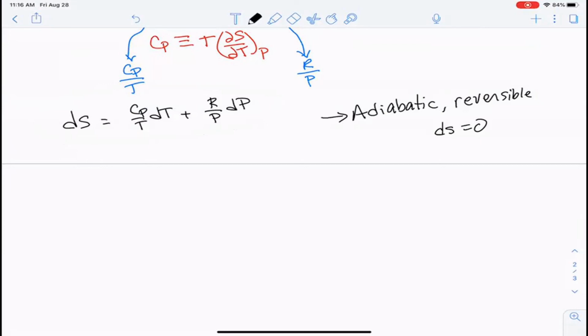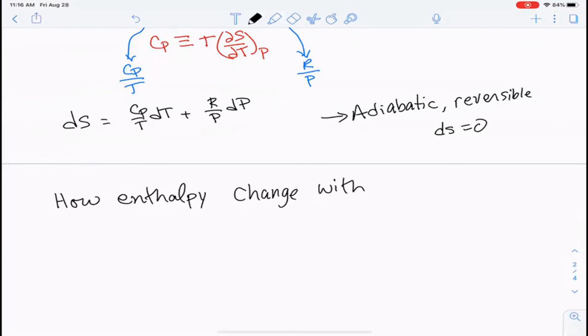The other thing that maybe is interesting is you could ask the exact same question about enthalpy, right? So you can ask, how does enthalpy change with temperature and pressure? Because you're used to finding at least the enthalpy of formation at standard conditions, right?